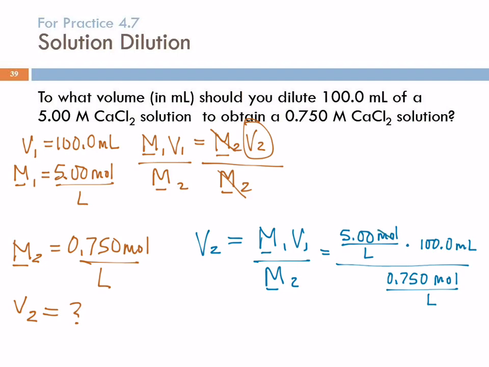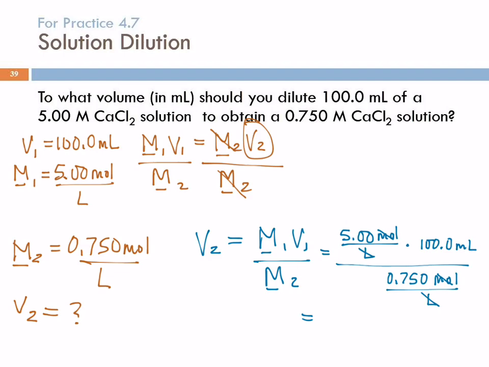So moles and moles cancel, liters and liters cancel. So in this situation, I did not have to convert to liters and then back to milliliters at the end. If you do that correctly, you're going to get the same answer. And so I'm not saying that you can't, but in this situation, we didn't have to.